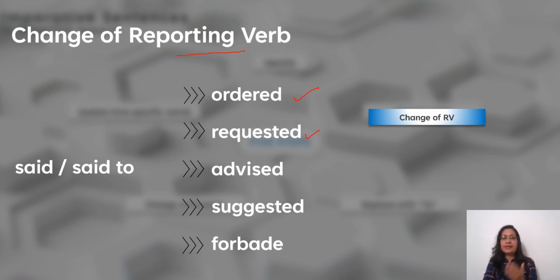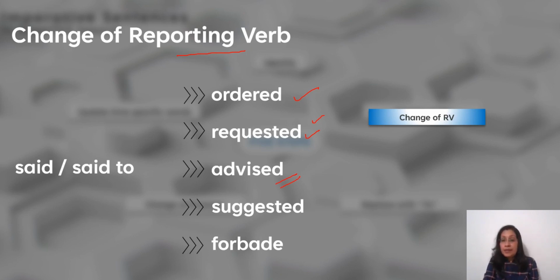In these cases where a request is expressed, you need to change the reporting verb said or said to into requested. And if it is an advice, like avoid junk food, go for a walk daily, an advice which is given by an elder to a younger, a senior to a junior, a mother or parents to a child, or the doctor to the patient, such kinds of sentences take the reporting verb advised.